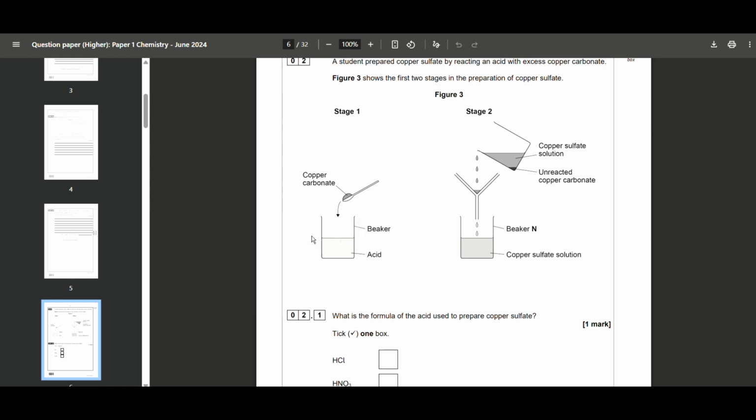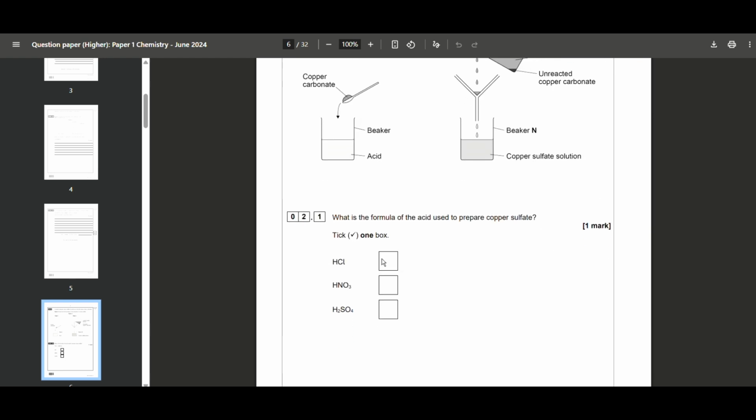So from this beaker where we reacted this together, that same beaker is being filtered using a funnel and some filter paper most likely, but they haven't labeled that. And then that solution is dripping into copper sulfate, so they're removing any unreacted copper carbonate as well.